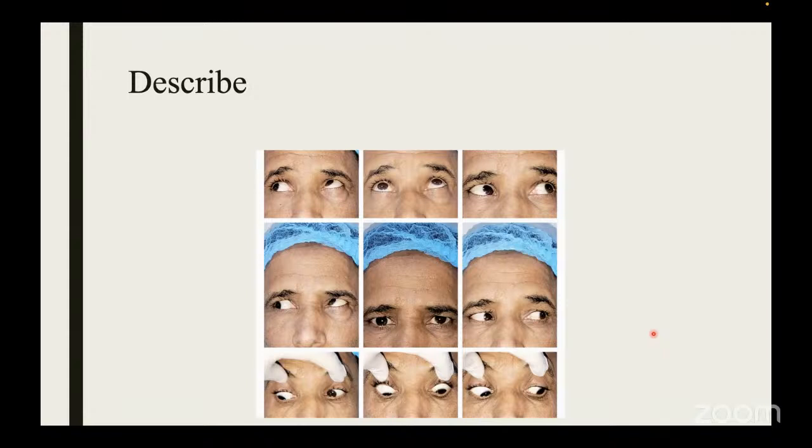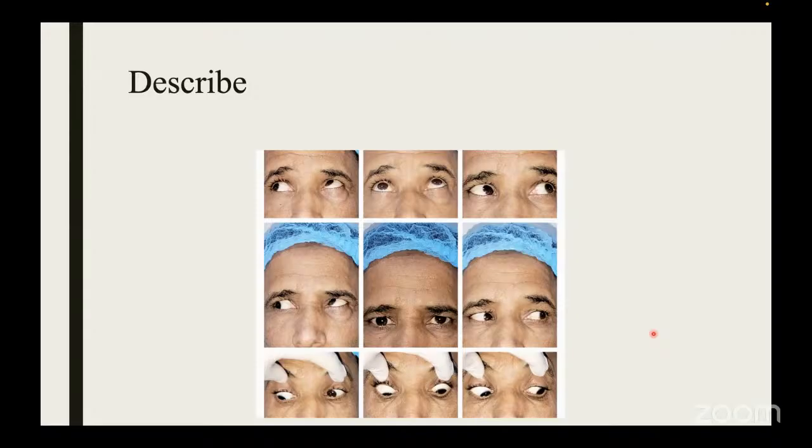So this is the photo of the upper part of the face in the nine positions of gaze. In the primary position, I can see the left eye is slightly hypertropic. Coming to the right gaze, again the left eye is hypertropic, same in the dextroelevation and in the dextrodepression. So the left eye is hyper throughout on the right gaze.